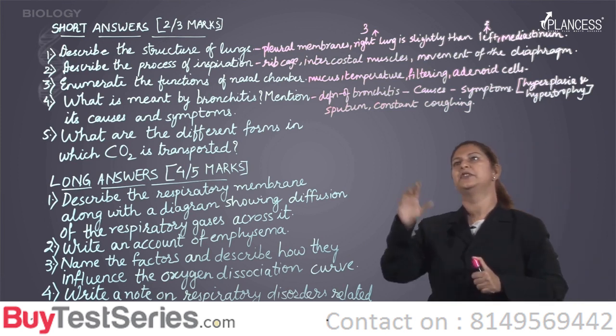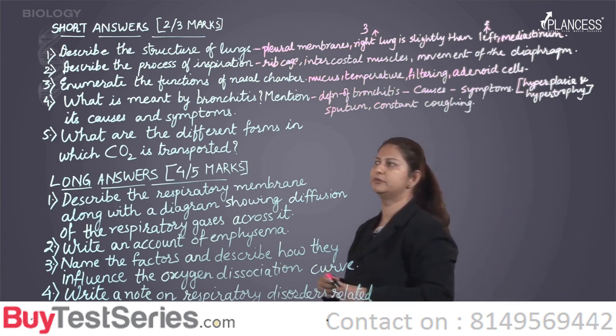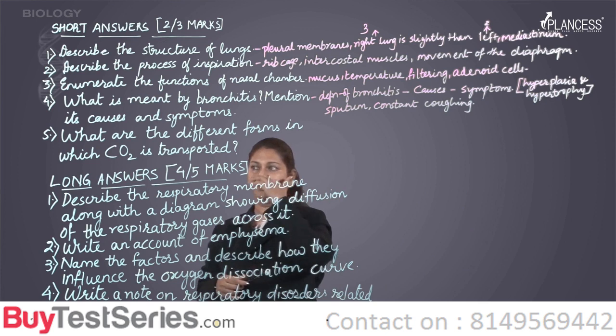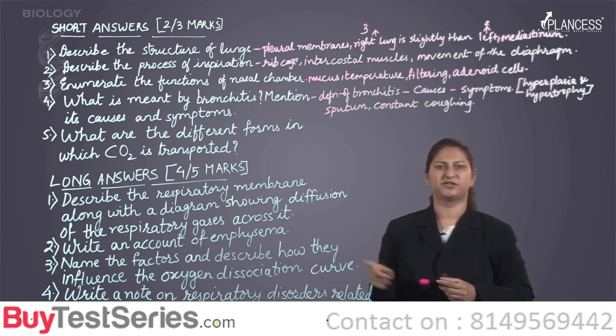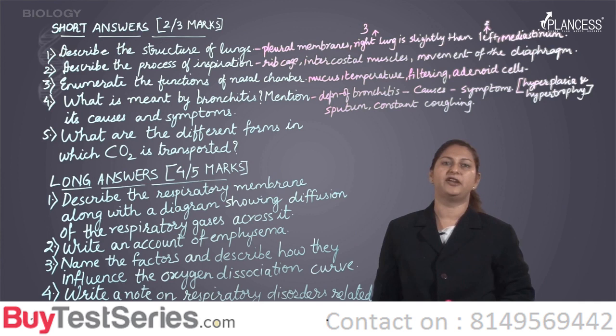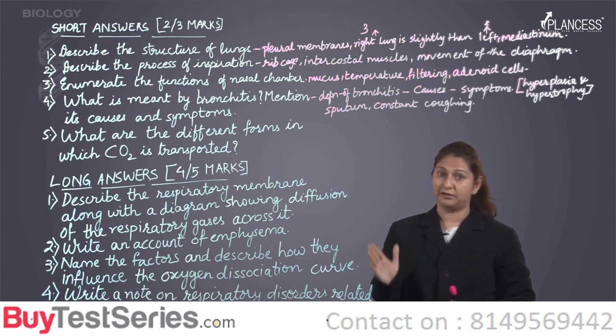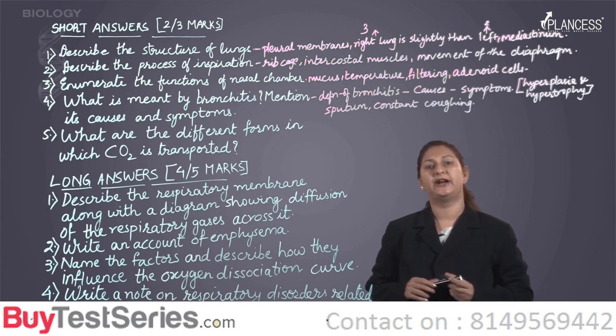So all these points will be covered when you are writing the answer to what is meant by bronchitis, causes and symptoms. Then, what are the different forms in which carbon dioxide is transported? Usually again a 3 or 4 mark question, never asked for 2 marks because the answer is elaborate, and if it is asked for a 5 mark question, you will have to add a special note on chloride shift.